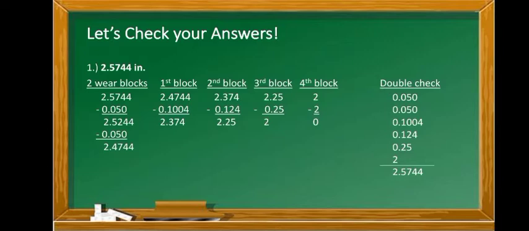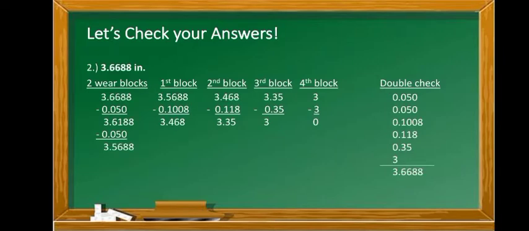So, 0.050 plus 0.050, ang atong 2 wear blocks, plus the first selected block 0.1004, plus the second selected block 0.124, plus the third selected block 0.25, plus the last or fourth selected block, which is 2, is equals to 2.5744.